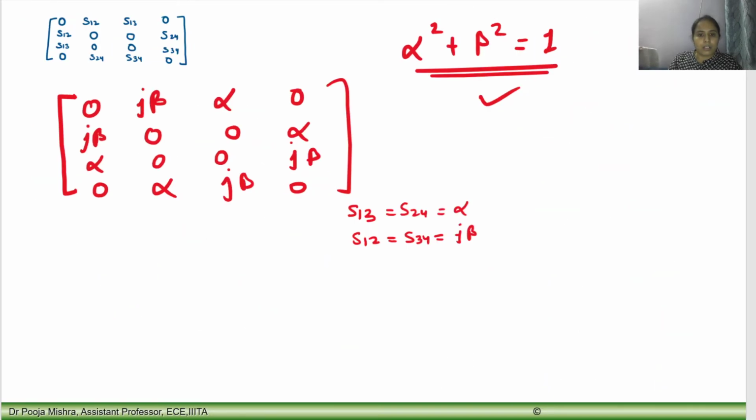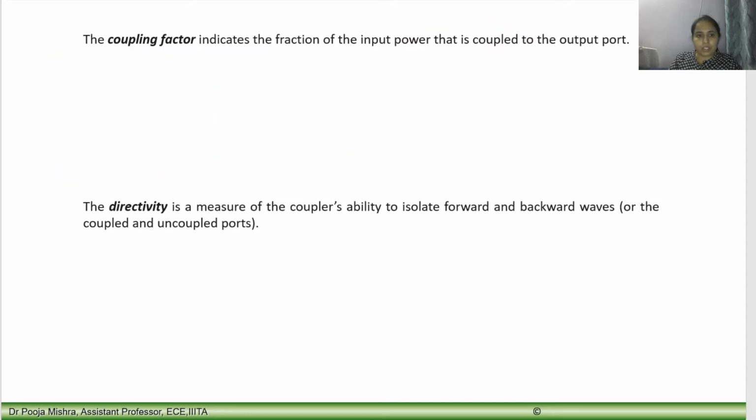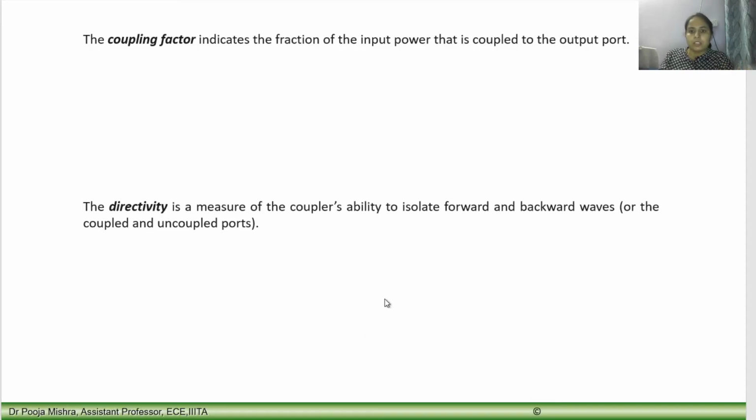So now let's see the properties of this directional coupler. It is defined by various properties, which are coupling factor, directivity, isolation and insertion loss. So coupling is the fraction of power that is coupled to the output port. There were 4 ports, 1, 2, 3 and 4.